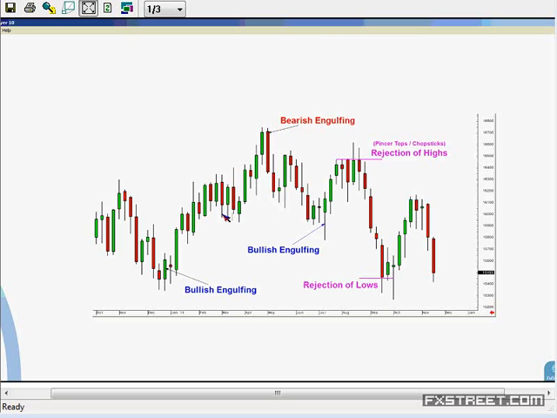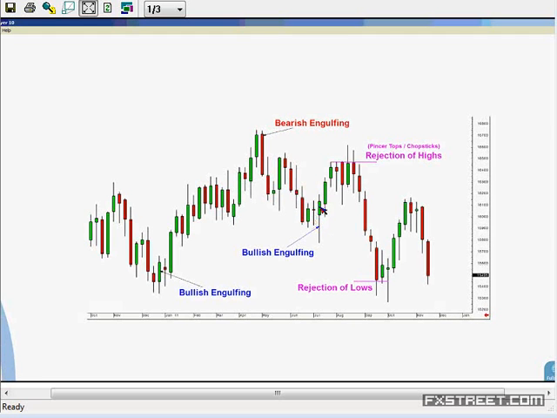Again, down to the previous area of support. Here's our area of support here. Spikes through the area of support, and then gives us a bullish engulfing pattern after a doji. Okay, market then moves up. You can see here this was a previous area of resistance.